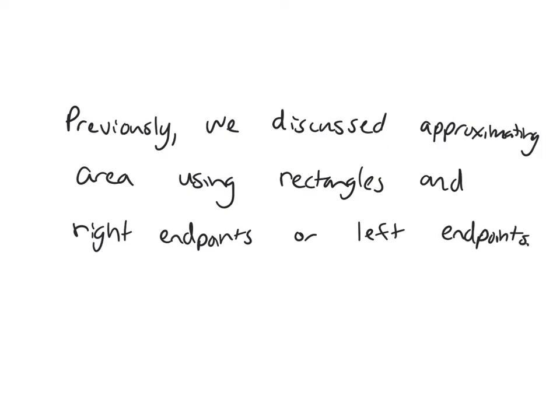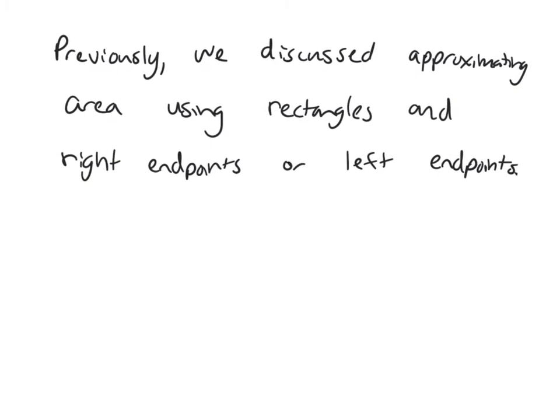So now we're going to use two new terms that we haven't seen before. The first one is called an upper sum. This refers to either the left or right endpoints, but it's the one that's going to overestimate your area.